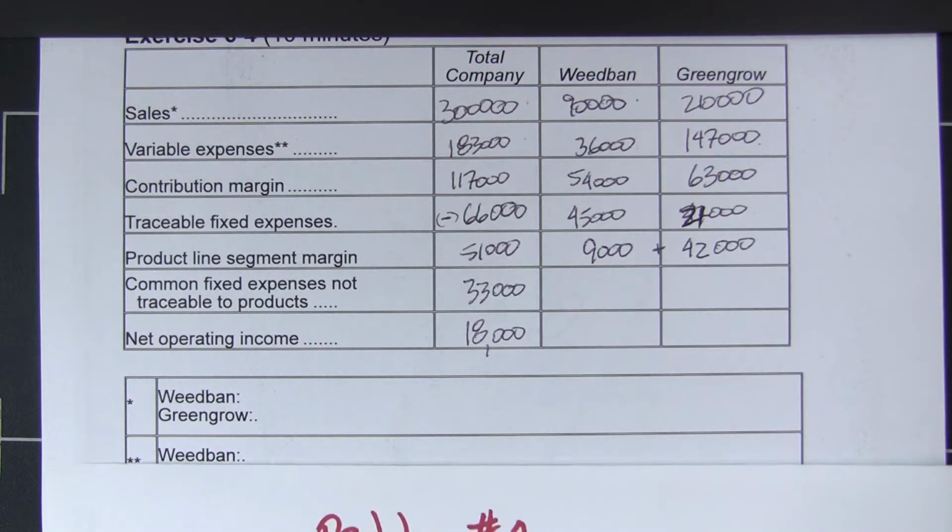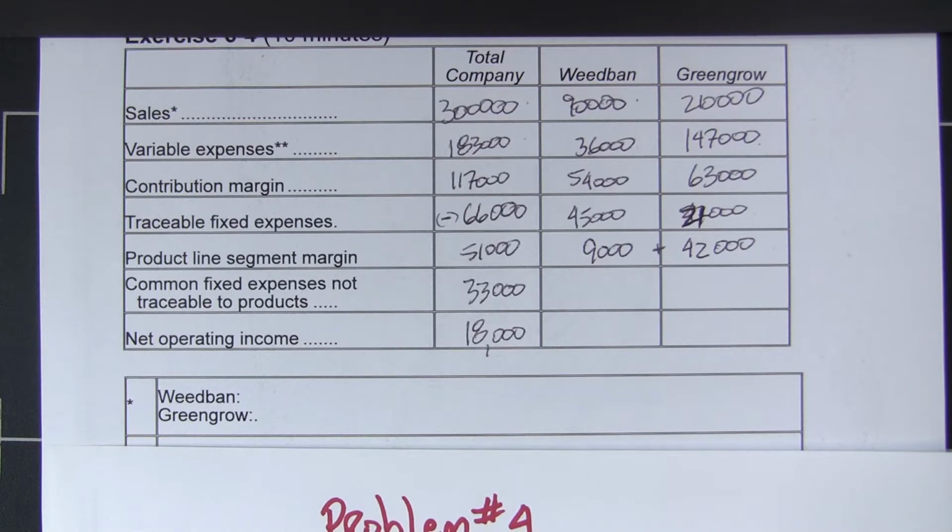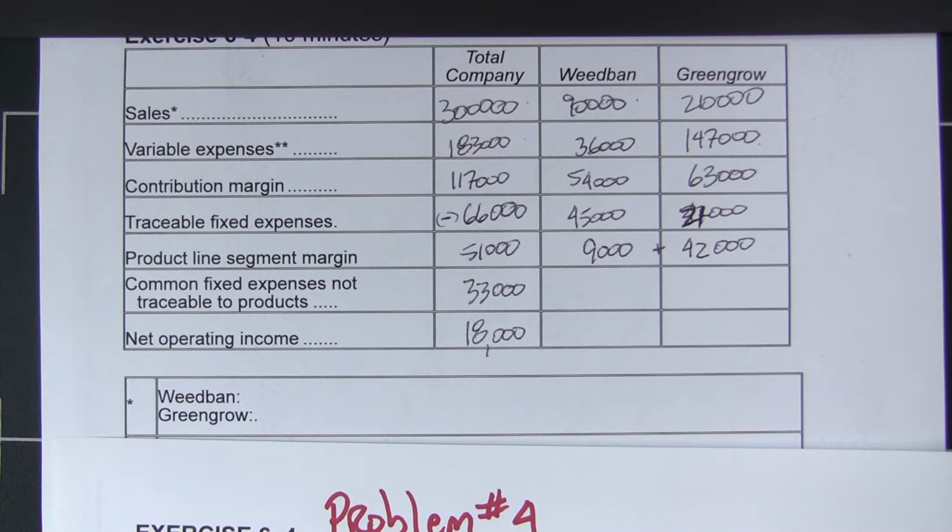But by breaking it down like that, you can take a look and you can say, the product line segments, Weed Ban doesn't look very profitable. Green Grow is the unit that's really helping us.